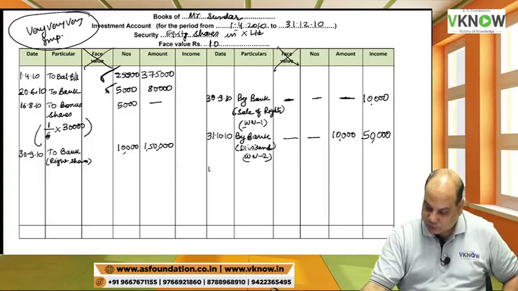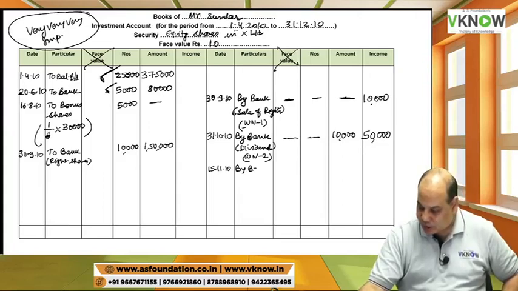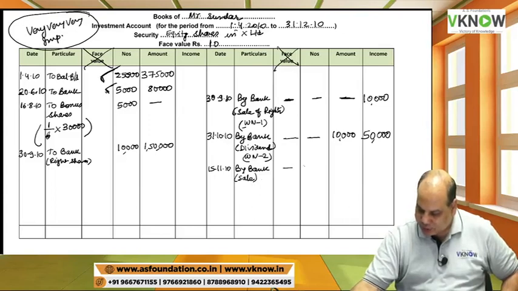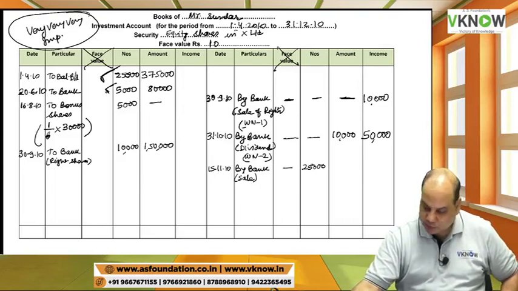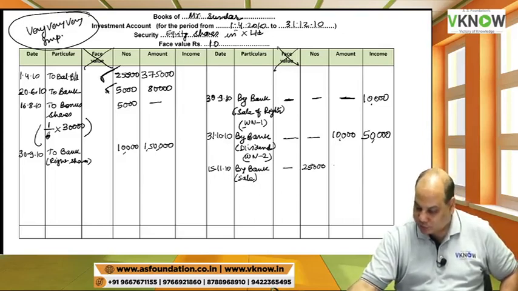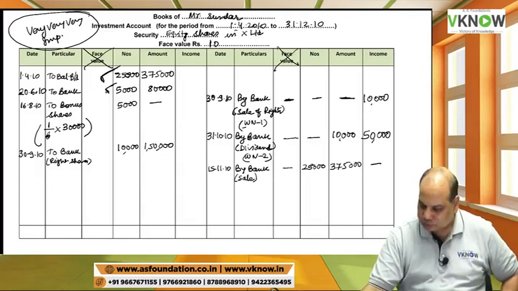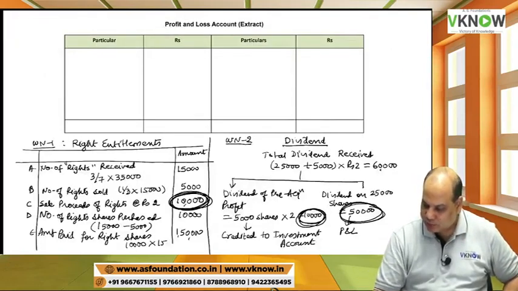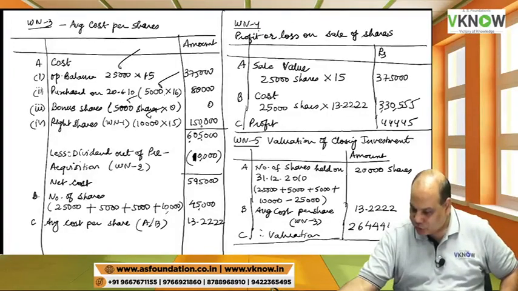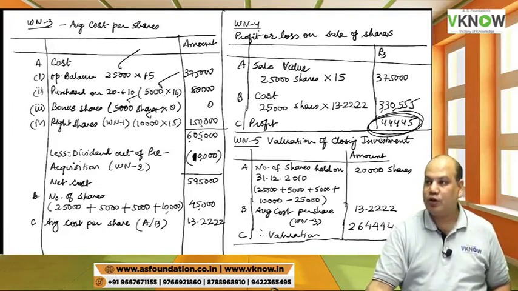Last 4 lines of the question. 15th November 10, by bank, sale. 25,000 shares were sold at 15 rupees. So that is 3,75,000. And on the same date, there is a profit also. On the screen, working note 4, profit is 44,445.